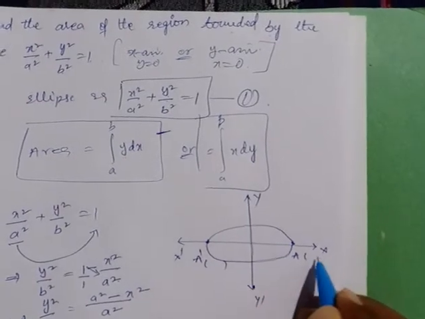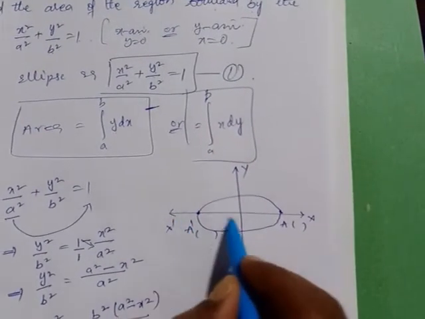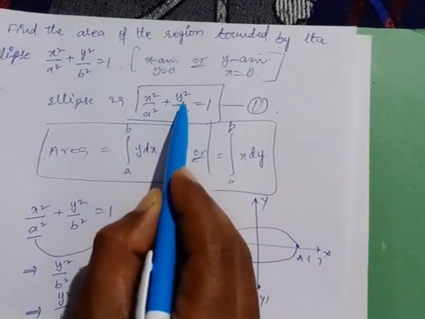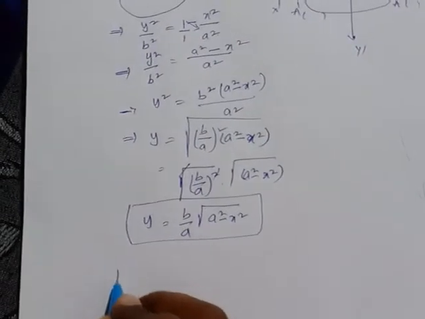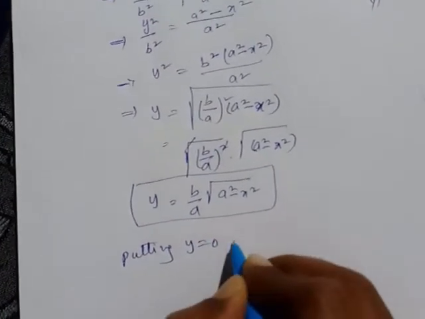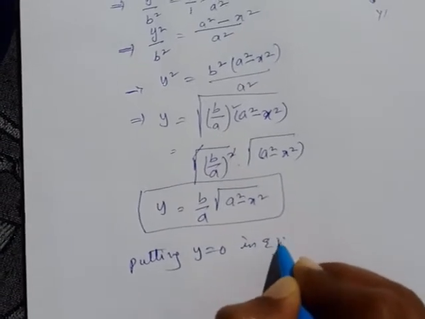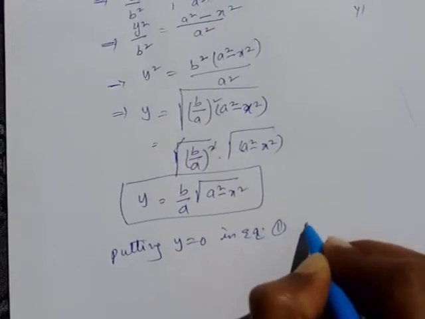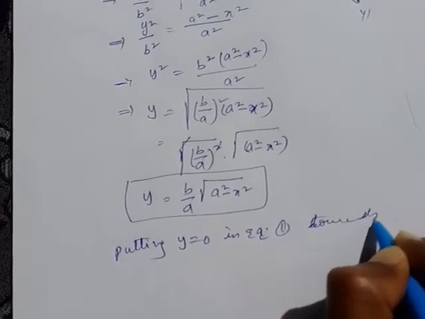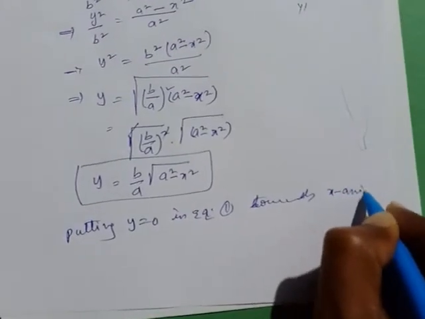These values we are finding towards the x-axis, so we are putting y is equal to 0 in equation number 1, because towards the x-axis.